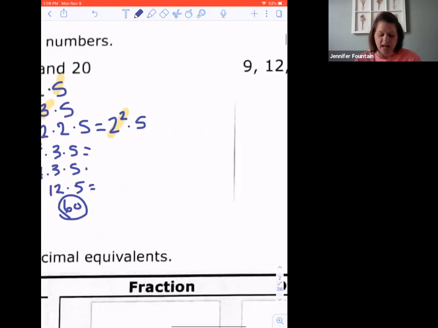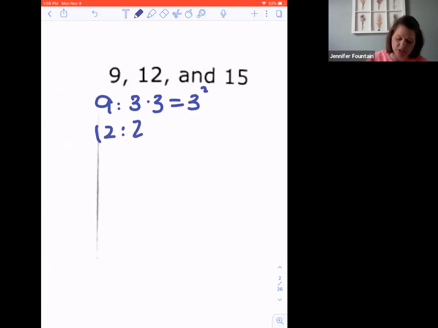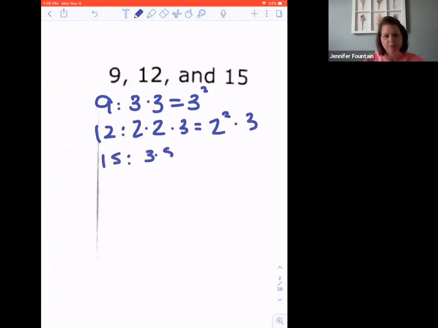And then the last one, 9, 12, and 15. 9 is 3 times 3, so I would write that as 3 squared. 12 is 2 times 2 times 3, so that would be 2 squared times 3. 15 is 3 times 5. I still have 2's, 3's, and 5's, but I have to take the highest exponent of each value. So that would be 2 squared, 3 squared, and 5.